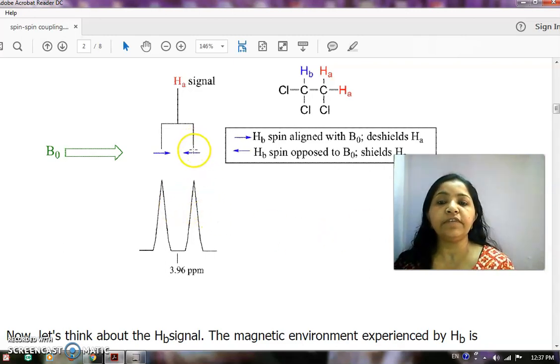So if it opposes and it is shielding, the delta value is less. If it is aligning, it is deshielding the HA, and the delta value will be more. So there are two types of possibilities, and hence there is a doublet.